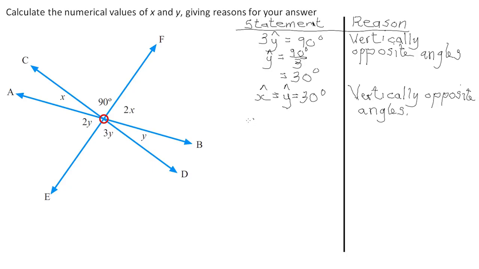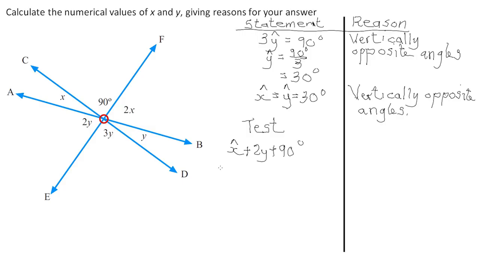Now let's do a test based on the other theorems that I've explained earlier on. Let's look at line EF. We look at line EF, and we're going to consider now adjacent supplementary angles. From line EF, angle x plus 2y plus 90, that should give us 180 degrees.